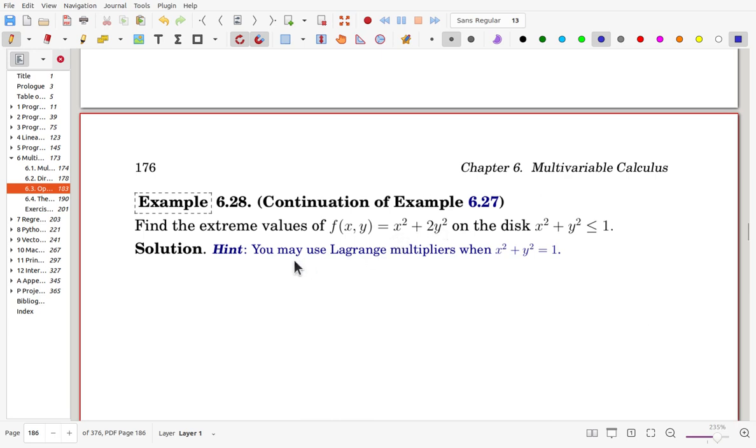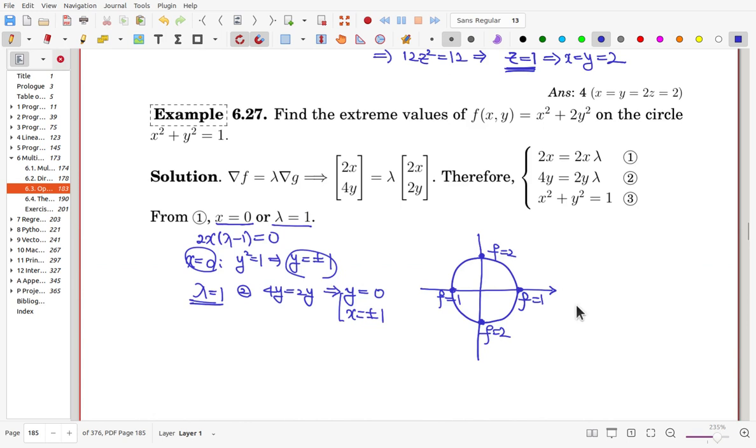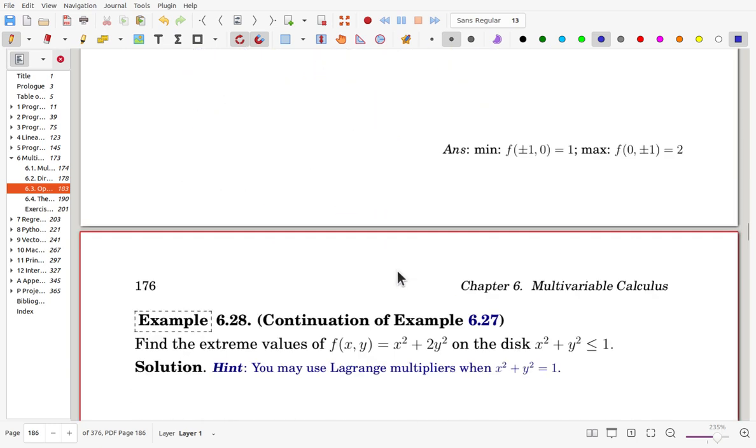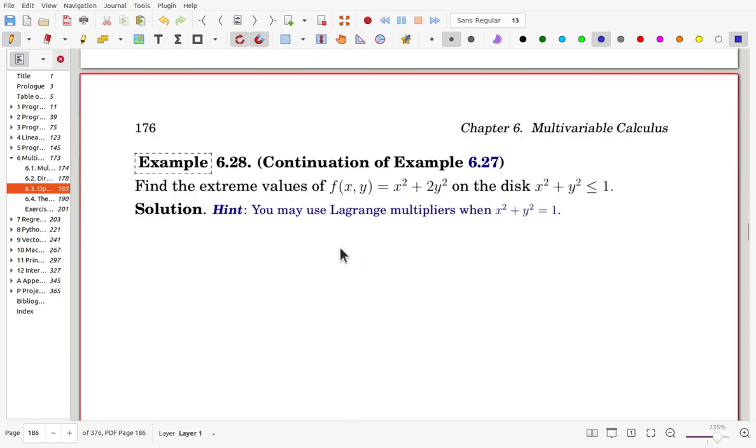We already know that along the boundary the values are 1, 2, 1, 2, like that. So values are between 1 and 2 along the boundary. How about inside? For inside, we may try to get the critical point and find the critical value.